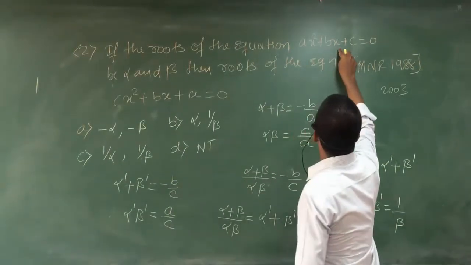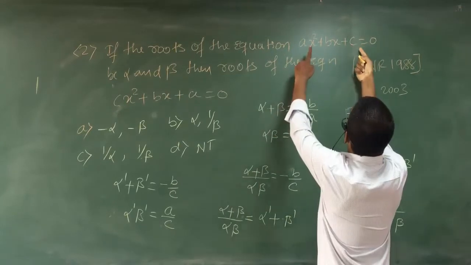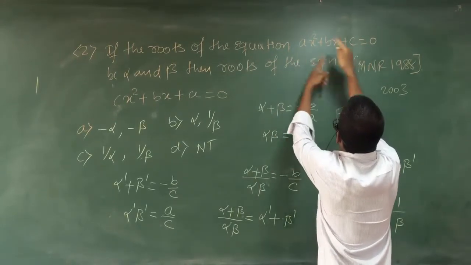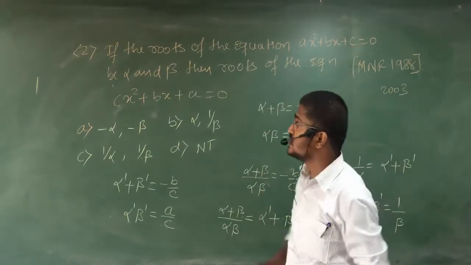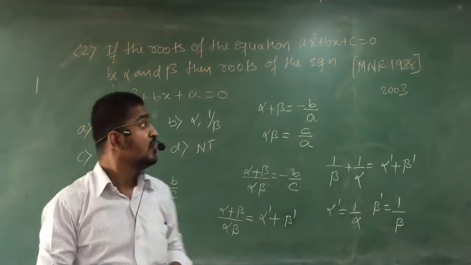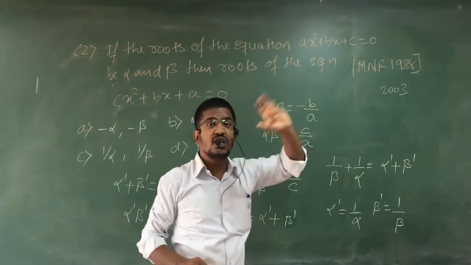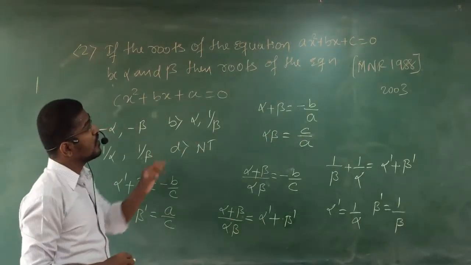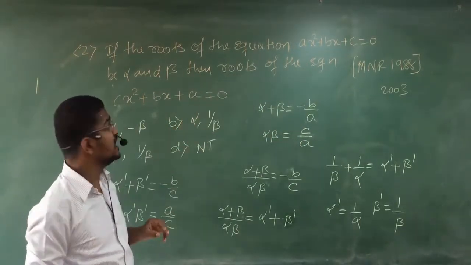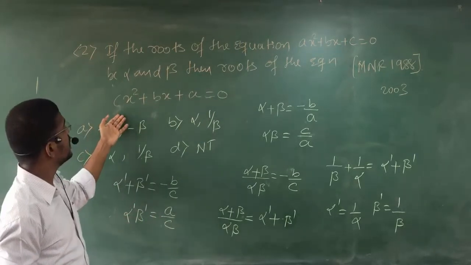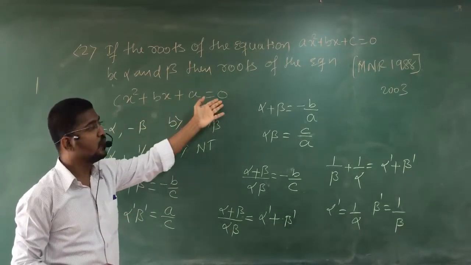So make here one note, that is ax square plus bx plus c. They have interchanged c and a. If alpha and beta are the roots of your original equation, then after interchanging a and c, what have you got? cx square plus bx plus a equal to 0.